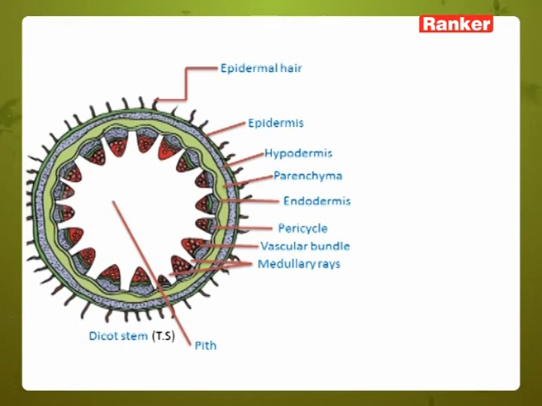Next we have phloem, then cambium, then metaxylem and protoxylem elements. Next we see the presence of pith. So these are the details of TS of dicot stem. The vascular bundles of dicot stems are normally collateral, conjoint and open with endarch xylem. So this is about TS of dicot stem.